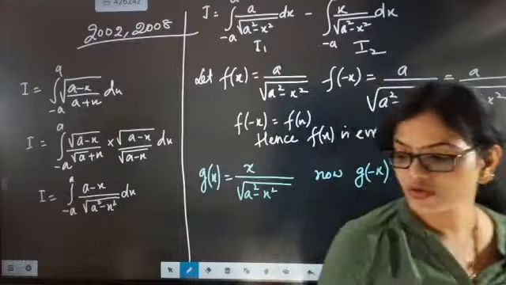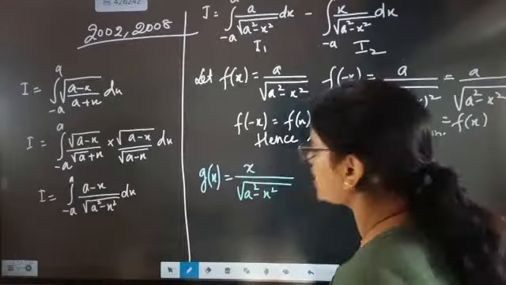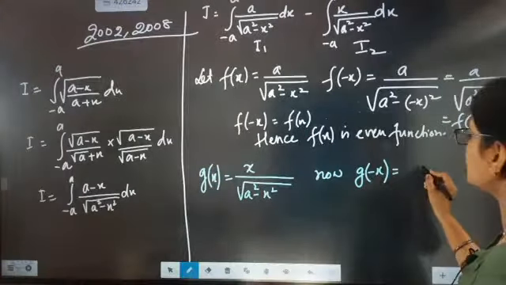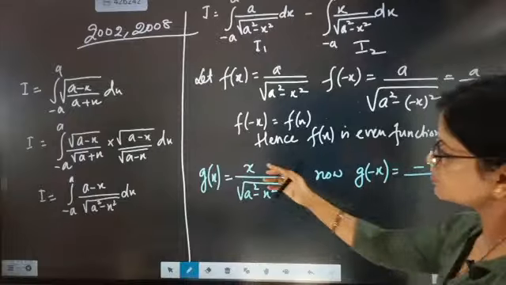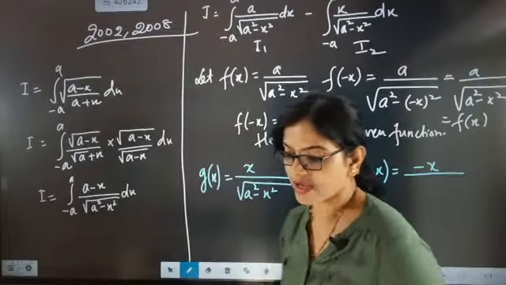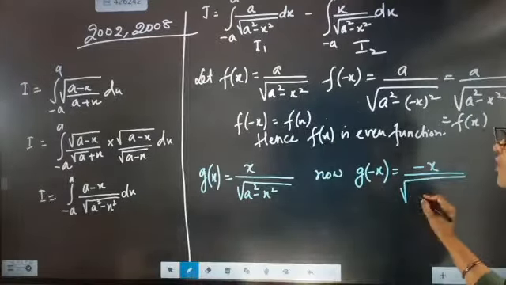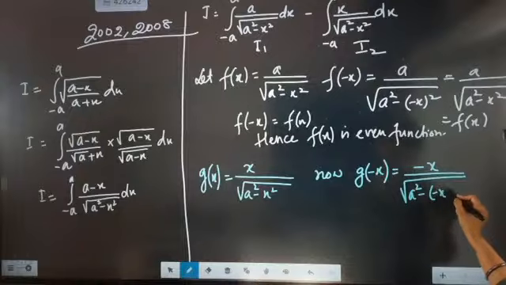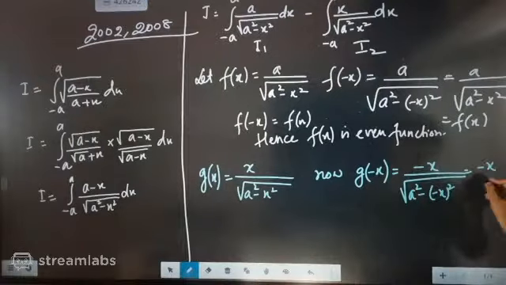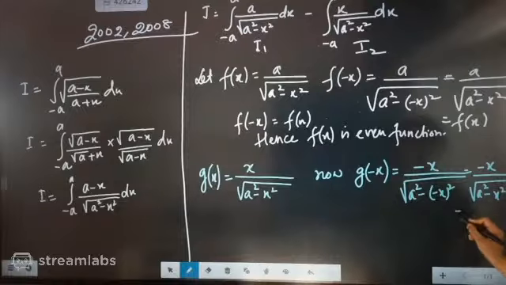It is going to come as minus x in the numerator, because x will become minus x, and the denominator root under a square minus x square stays the same. So this is minus x by root under a square minus x square, that is coming as minus g of x.